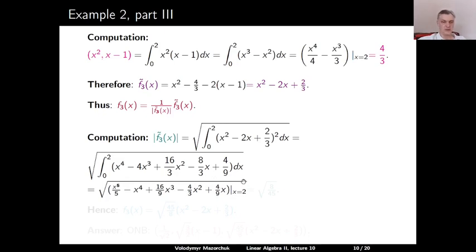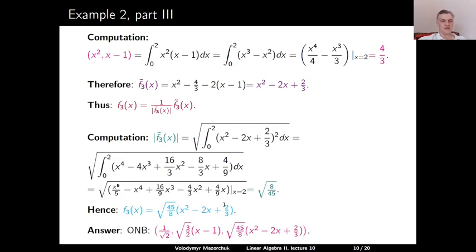And when we compute all this, the outcome will be the square root of 8 divided by 45. This means that the element f3 of x is equal to the square root of 45 divided by 8 times the polynomial x squared minus 2x plus 2 divided by 3.